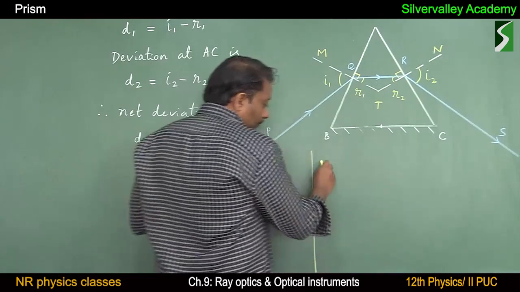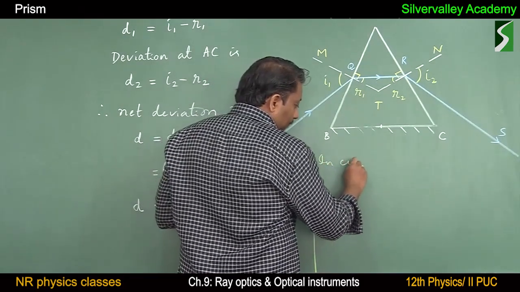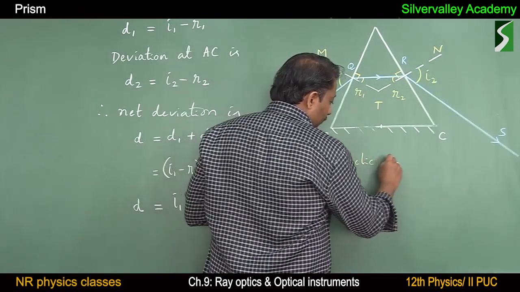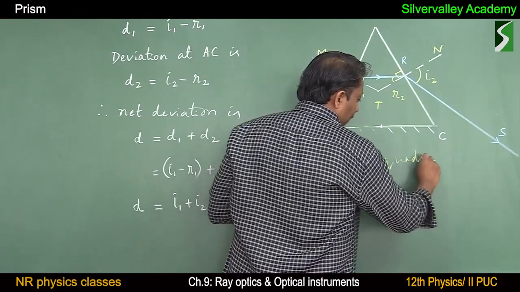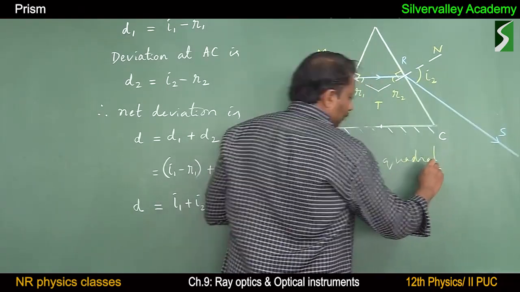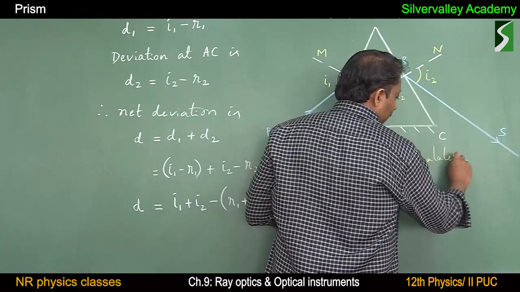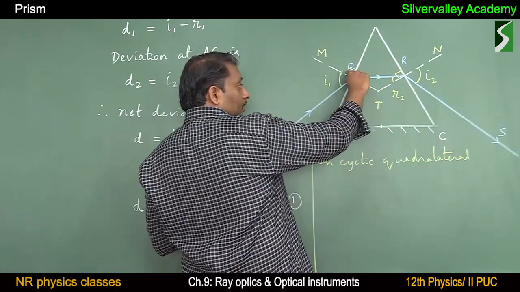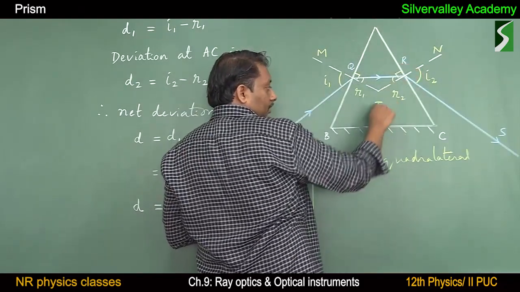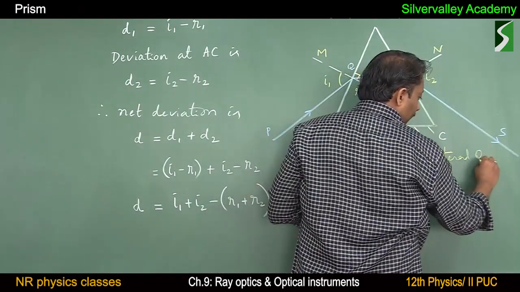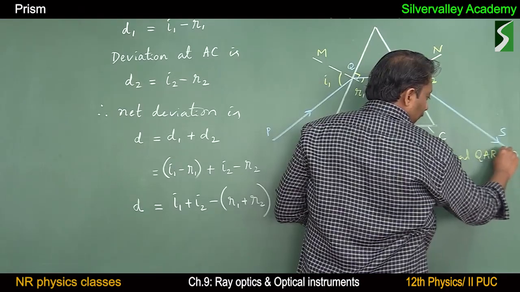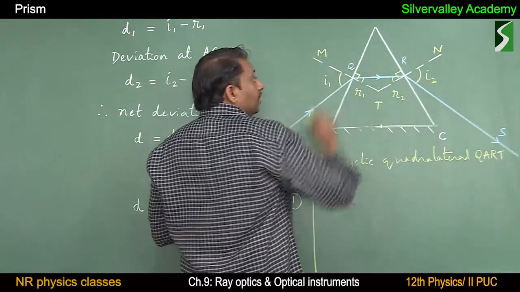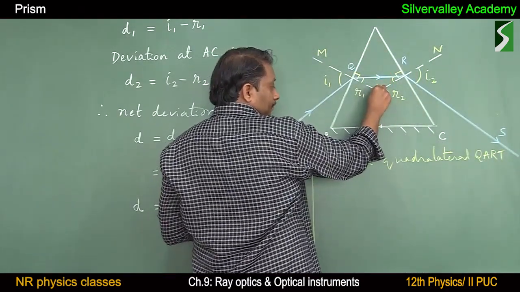Correct. Therefore, in cyclic quadrilateral QART, sum of these two should be equal to 180.